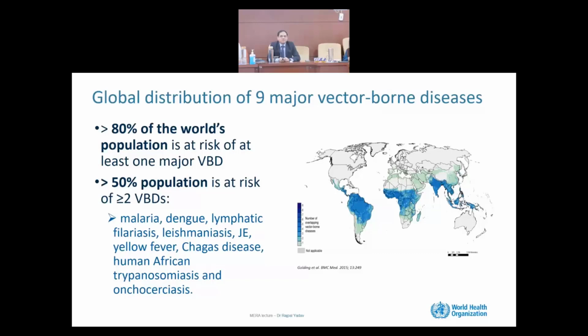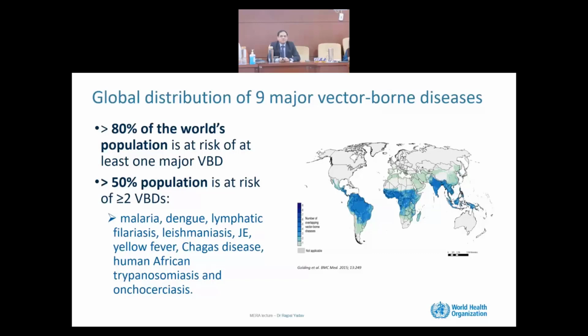Now, as you can see on the right-hand side in this photo, most of the southern part of the globe, which is the tropical part of the world, is endemic with major diseases, and the darker the color, the more diseases are prevalent in that region. India is the darkest blue, and you can see that it has several diseases, including malaria, dengue, lymphatic filariasis, leishmaniasis, and JE.